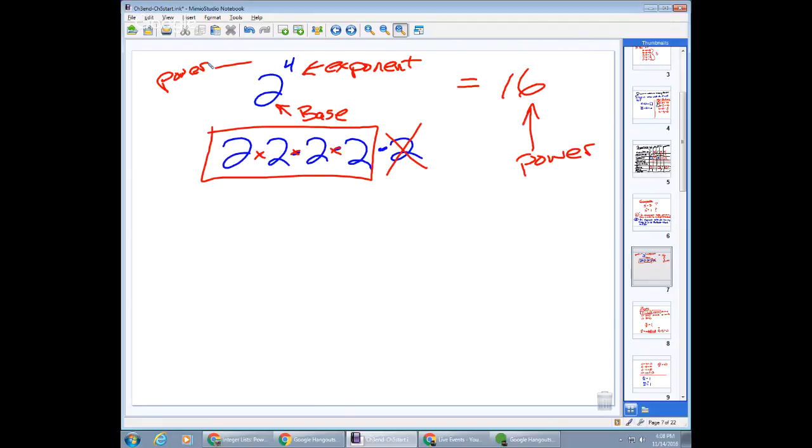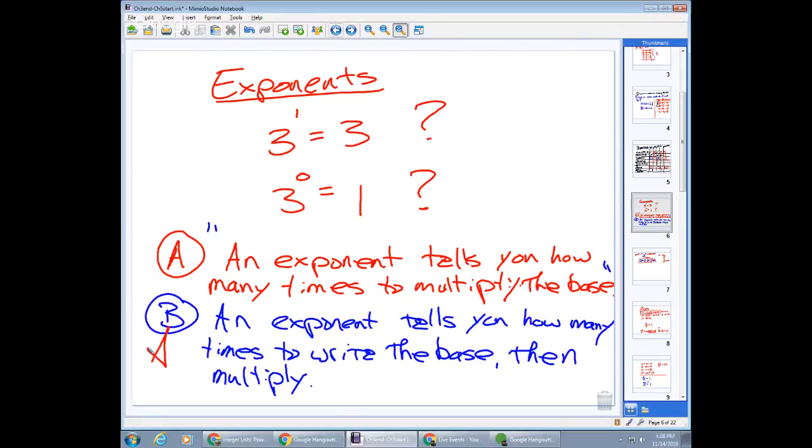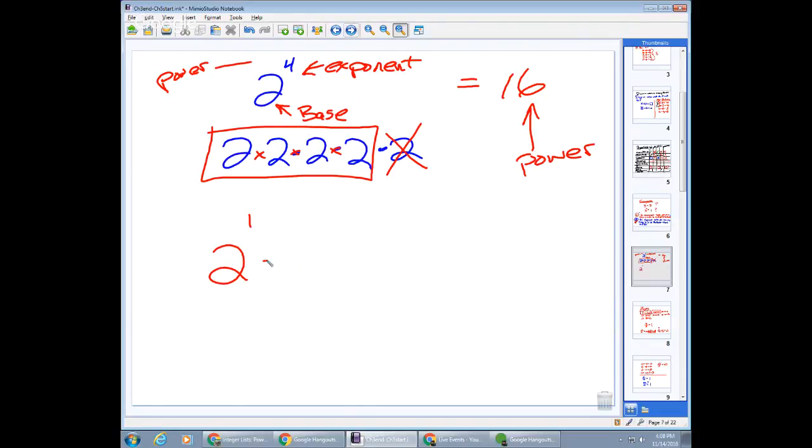Exponent, however, is that little number up top. It does tell you how many times to write the base. Now, if I word it that way, version B, that does solve one problem. What does 2 to the first mean? How many times do I write the base?